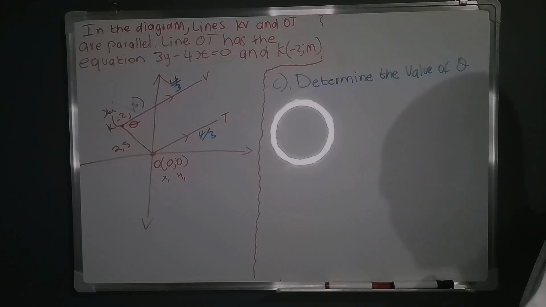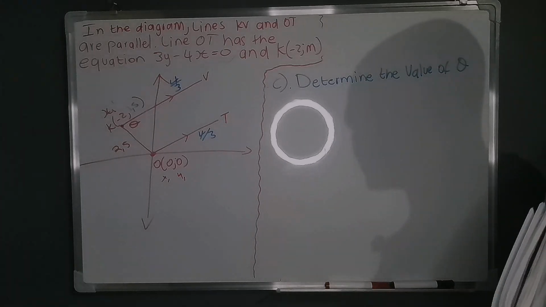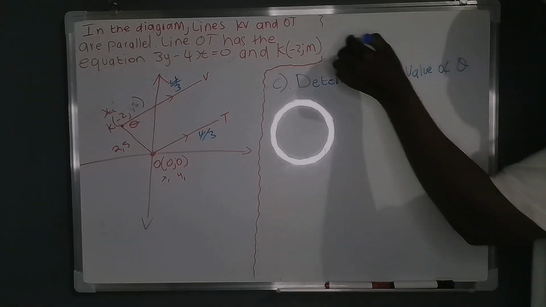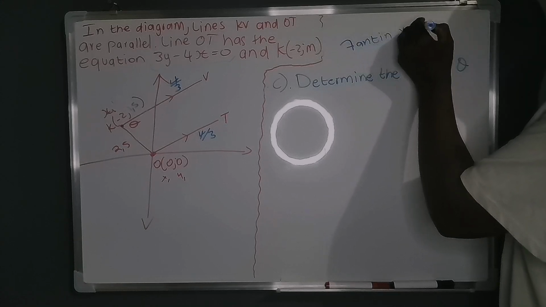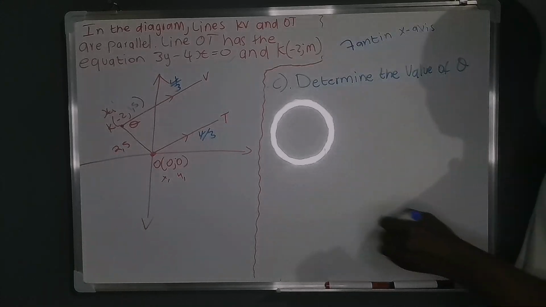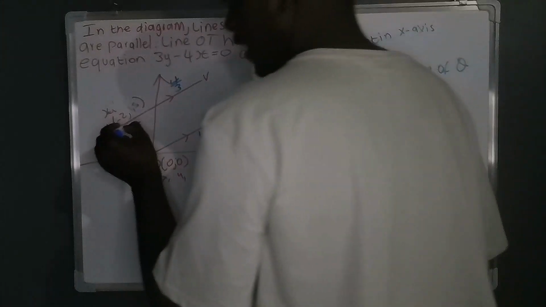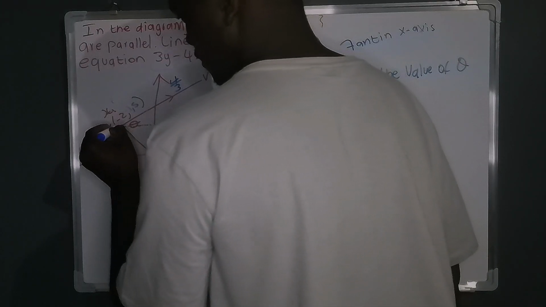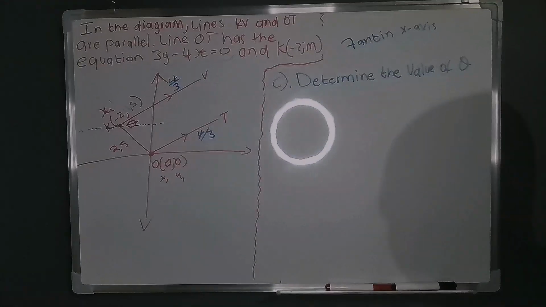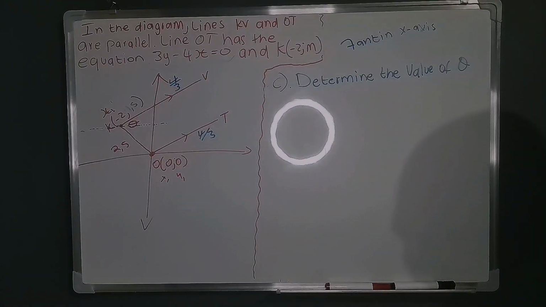You're gonna use the concept of the Finton x-axis, wherein we're gonna draw a scattered line here. Can you see the Finton x-axis there? That Finton x-axis is very, very, very critical, guys.